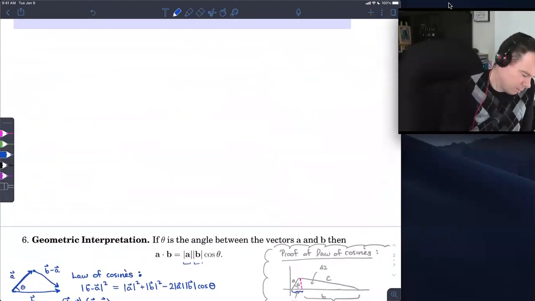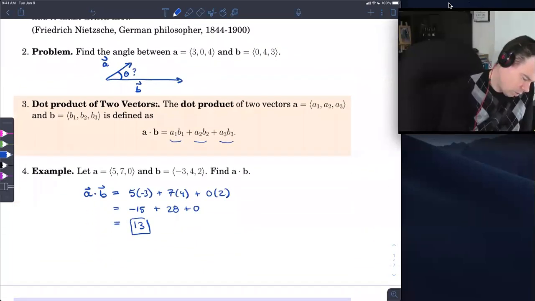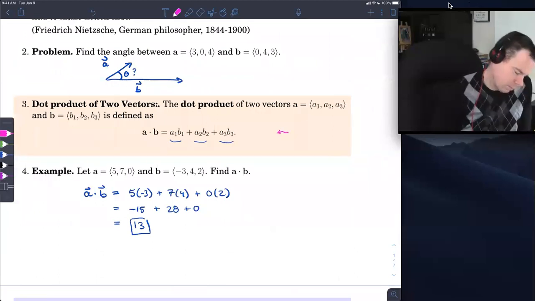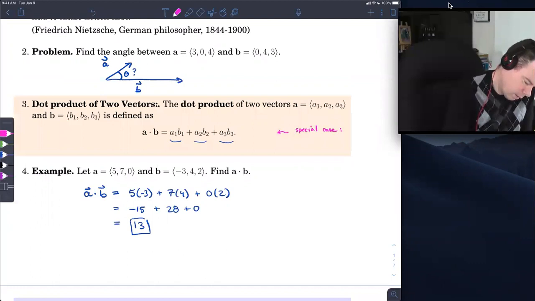I'm going to scroll back up. I didn't actually write it down anywhere, but we can see it from here. Notice that for a special case, we get the dot product of a vector with itself is a1 squared plus a2 squared plus a3 squared.